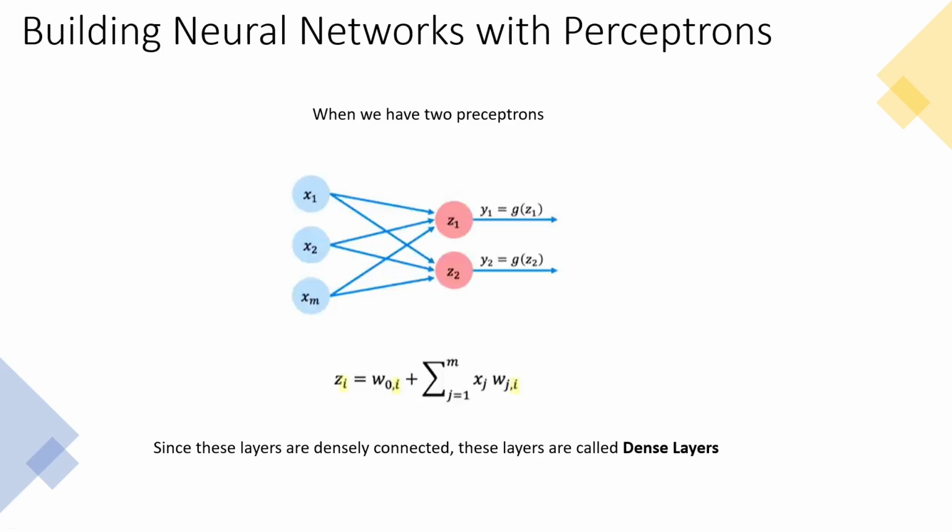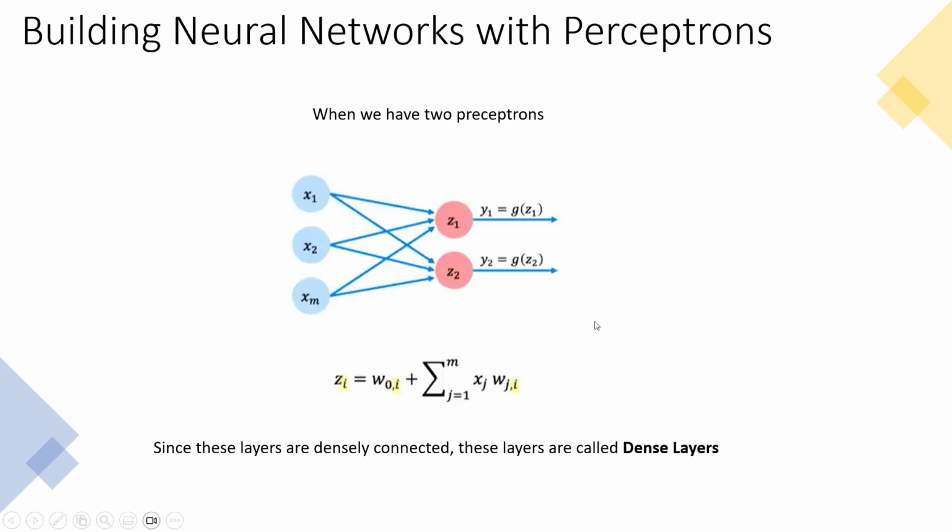The dense layer means everything is connected with everything. So this input is connected with all these two neurons, and this neuron is connected to all the neurons here, which means these are dense layers. If we had sparse layers, some of the connections would be missing.